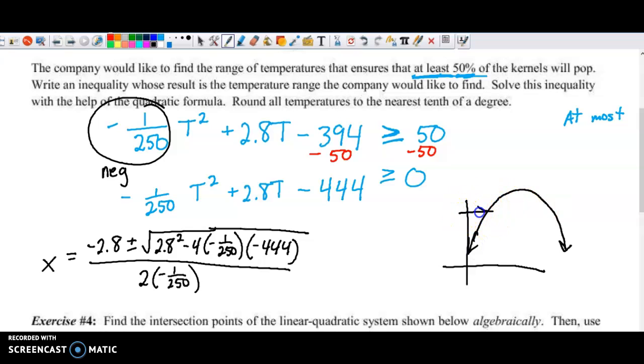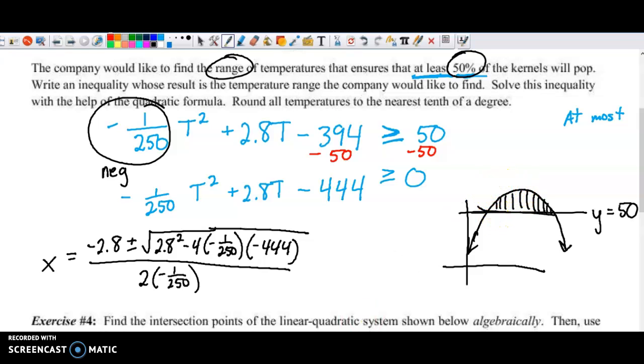If we consider y equals 50, that's what this is right here, we have this range of temperatures that get us at least 50% of the kernels that pop.